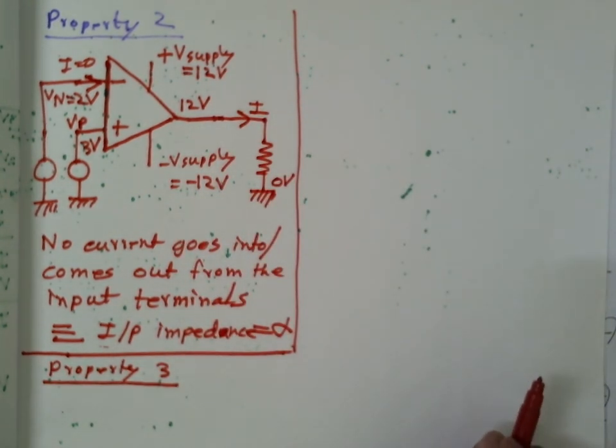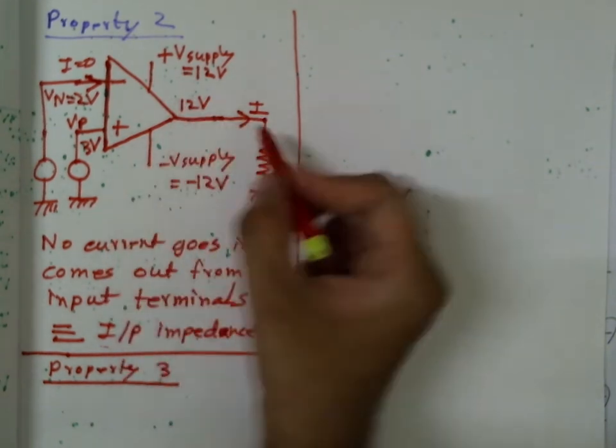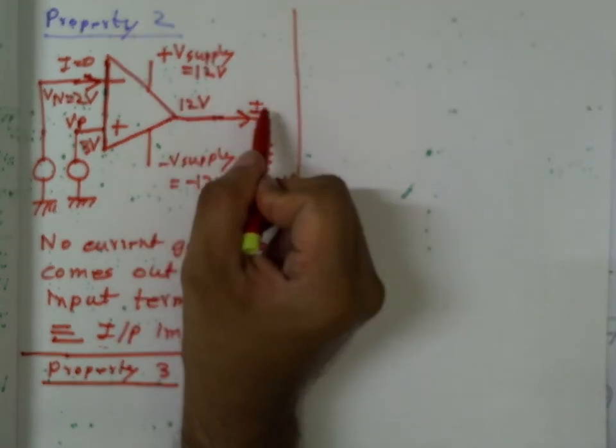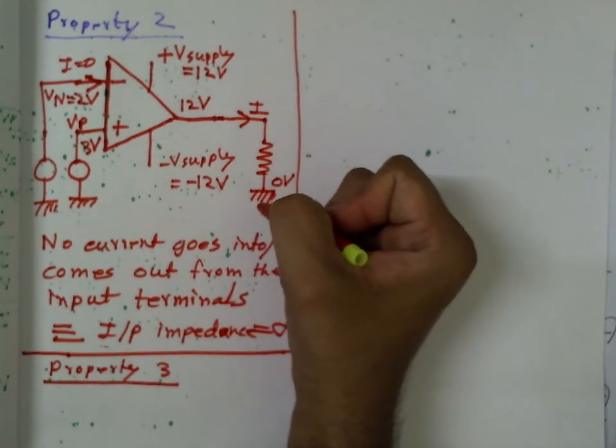Then it's acting like a battery, like a cell. So if you connect a resistance, you get 12 volt. It acts like a 12 volt battery and some current flows through it.